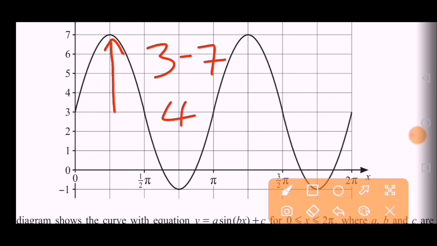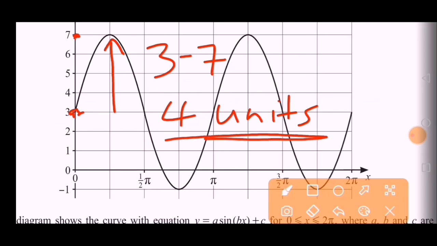We have 4 units. So our graph starts at y is 3 and its peak value is y is 7. It has an amplitude of 4 units. That is the value of a.